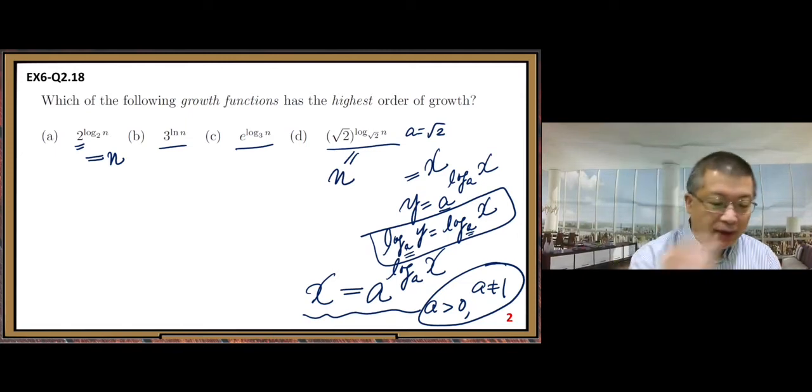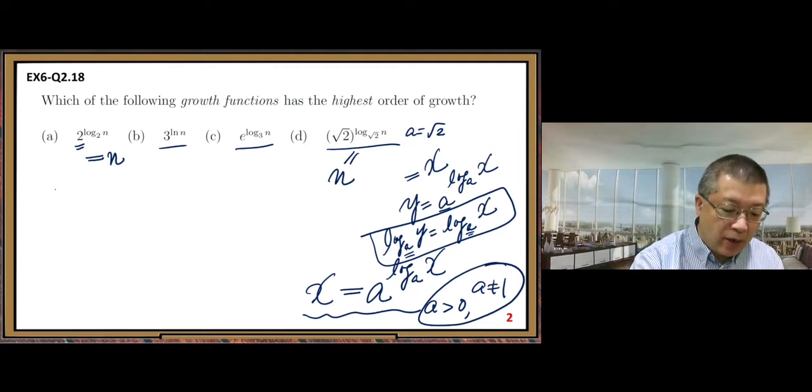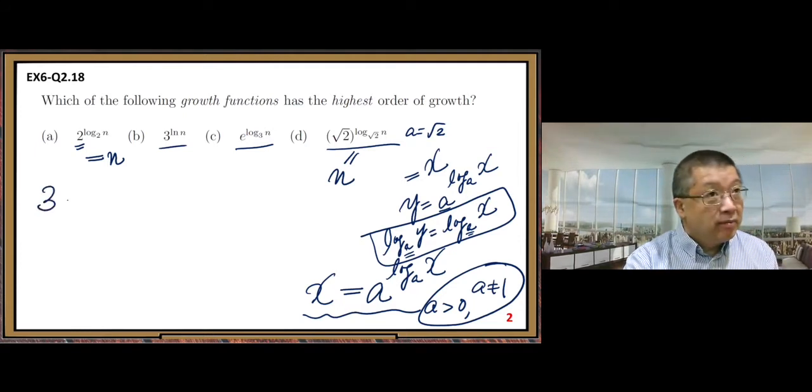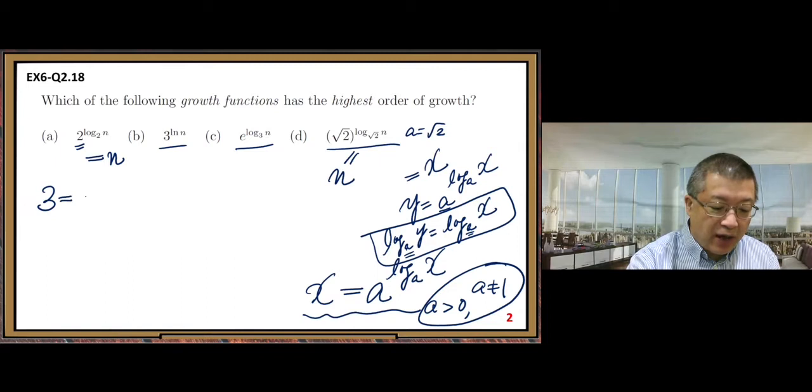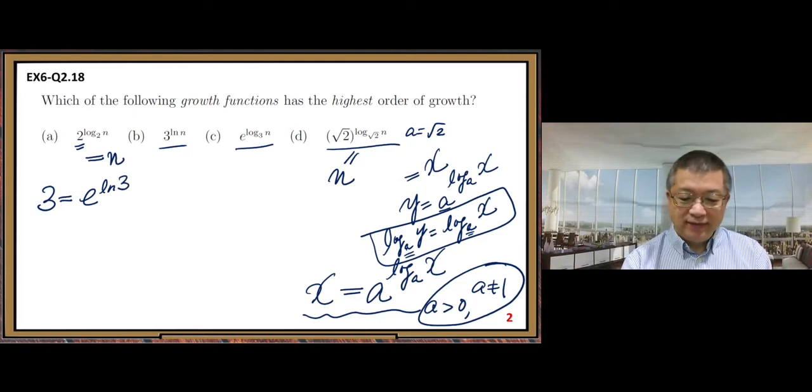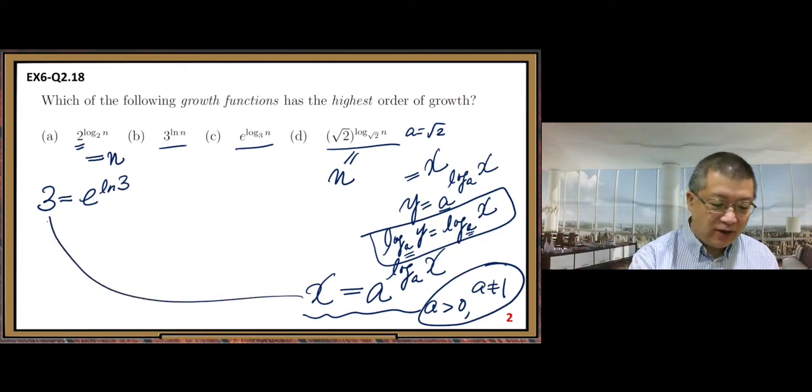So let's do this. The bases are different, so can we use the same base? Can we write 3 as e to the natural log of 3? Use this formula here.